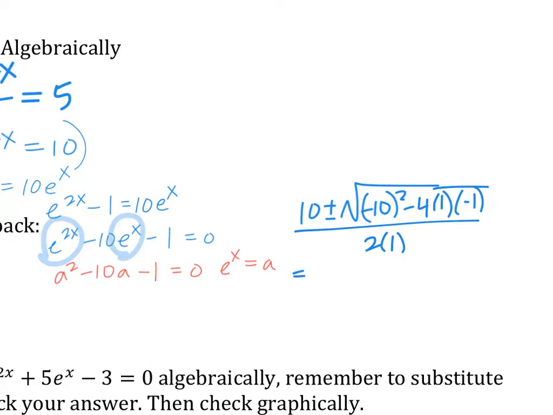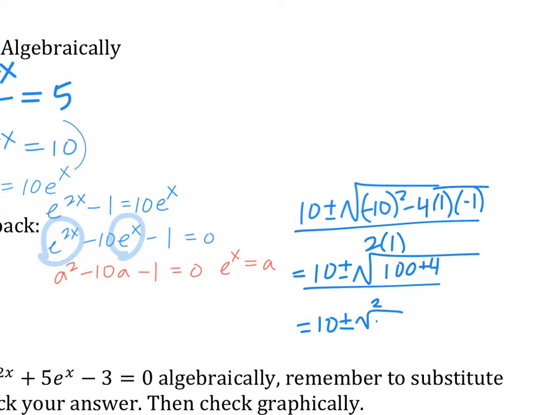That is 10 plus or minus square root of 100 plus 4, over 2. Okay, 10 plus or minus square root of 104 over 2, and then we got to use our calculator to solve this. So go ahead and get two numbers from here.